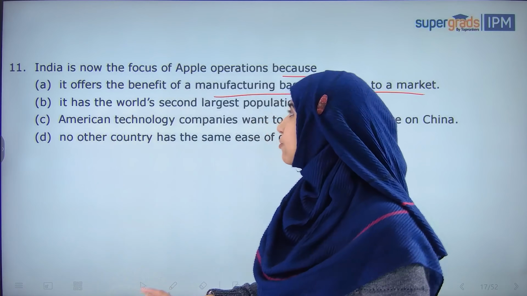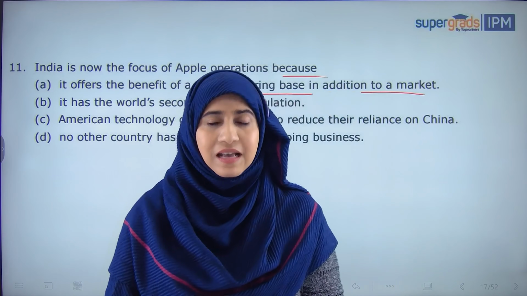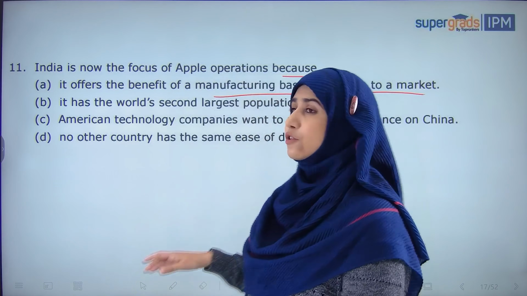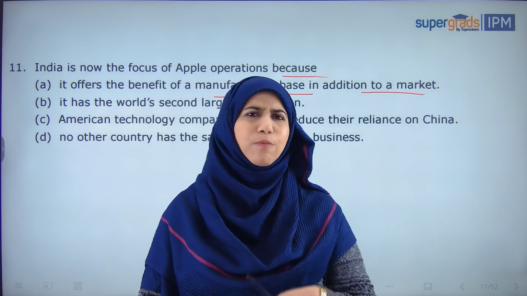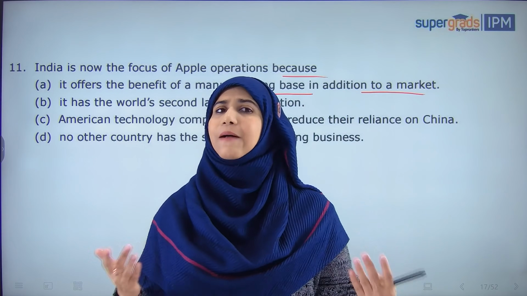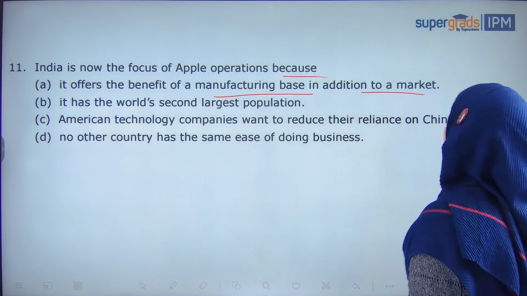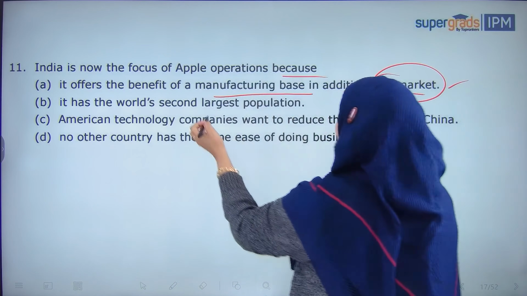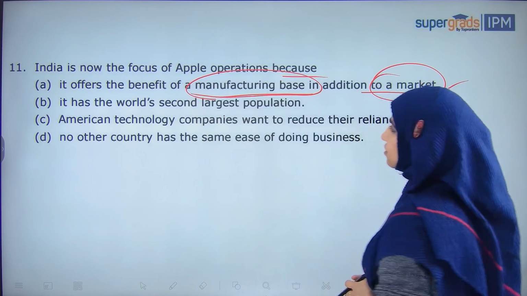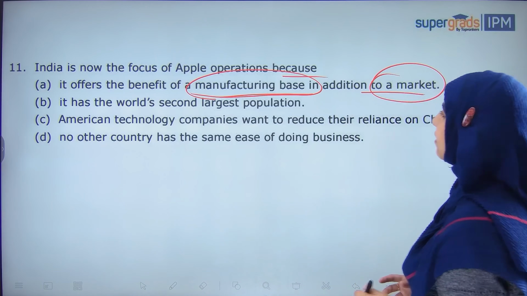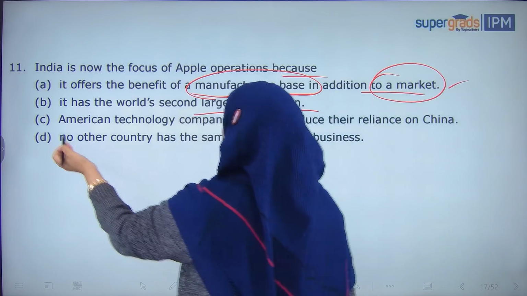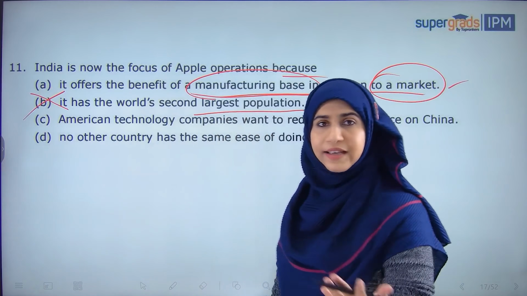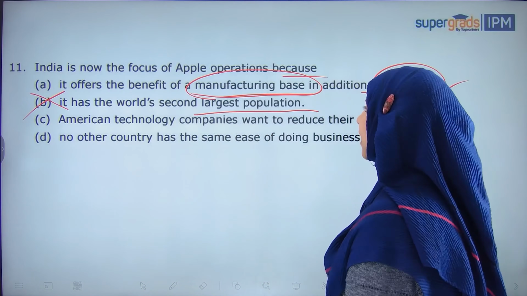Secondly, we're also providing a manufacturing base. And thirdly, iPhone is so interested in it. They are trying to open their physical stores. They are scaling up their operations here. So obviously, this is the reason, because it's a very big market, and secondly, it's also now turning out to be a manufacturing base. It has the world's second largest population. No, that's not the only reason. सिर्फ population का क्या करते अगर वो customers नहीं होते potential.